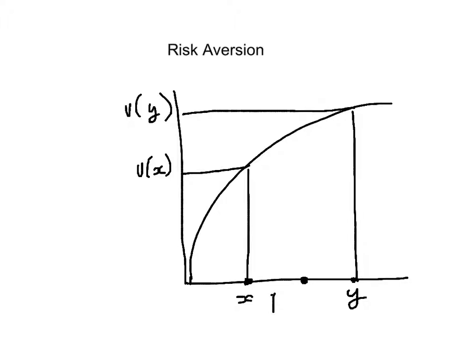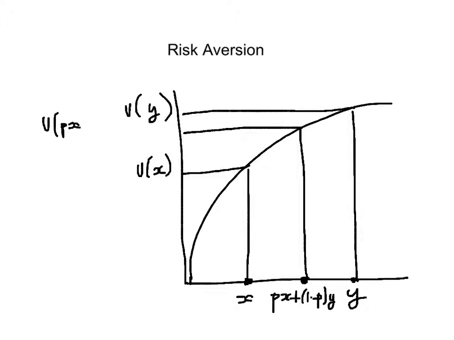This is Px plus 1 minus Py. Now the utility of getting the expected value is here. So this is the utility of getting Px plus 1 minus Py.